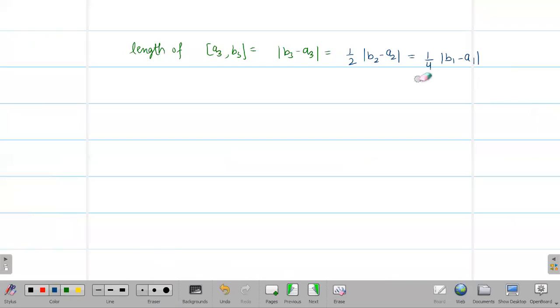So it is similar to say 1/2, and it is also equal to 1/2 of B1 minus A1. So it is 2 square. Or I can write 1/2 square into B minus A. So continue this process up to n iteration.